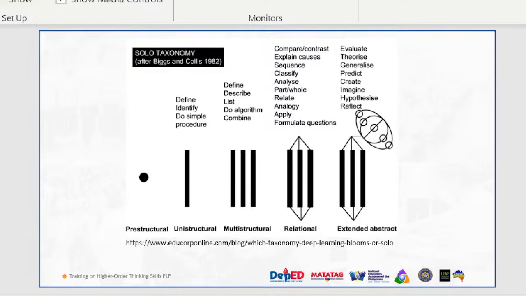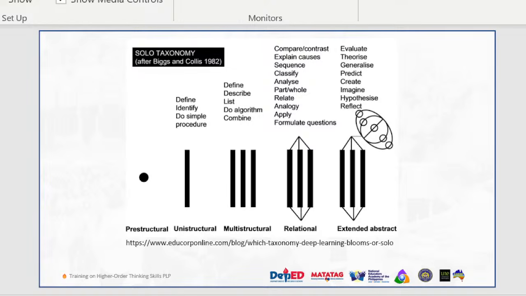The multistructural verbs can also be define, describe, list. There are one or more. Do, algorithm, combine.